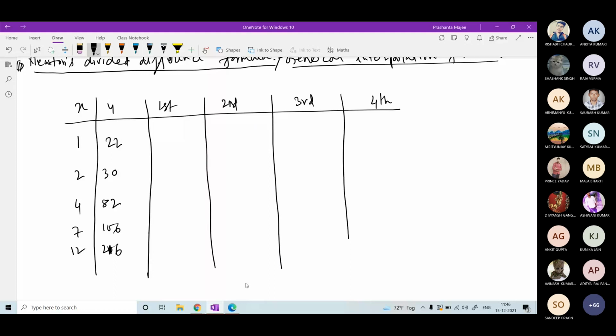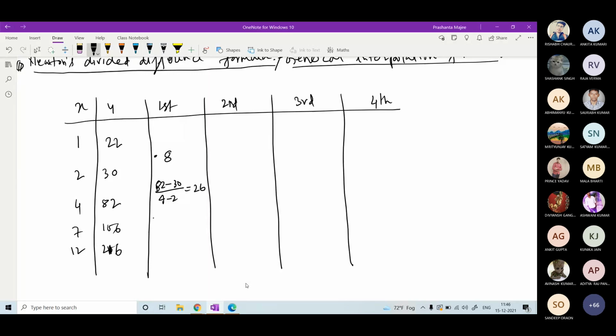So tell me what is the entry at this dotted position, the first order divided difference? 8. How did you get 8? That is 30 minus 22 by 2 minus 1. What is the value here? 26. How did you get 26? That is 82 minus 30 by 4 minus 2, so that will be 52 by 2, that is 26.